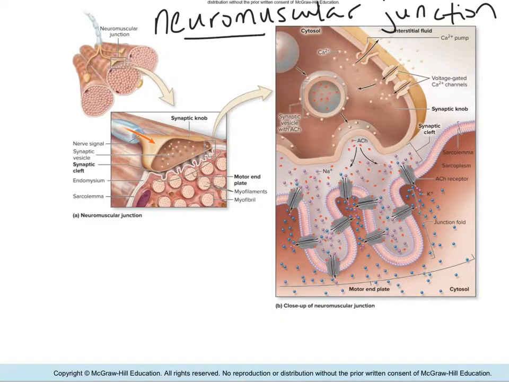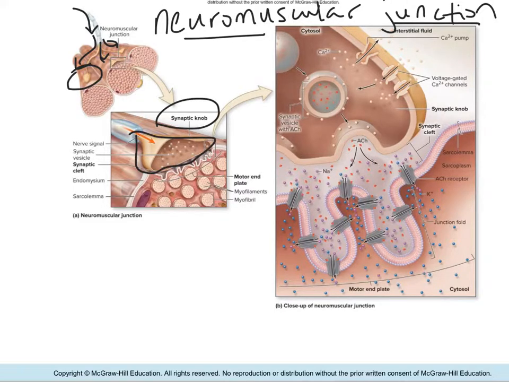Looking at the neuromuscular junction, you have the axon of the somatic motor neuron coming in as part of your motor unit. This is going to branch, and when it branches, there's this enlargement. The enlargement is the synaptic knob. So you can see this enlarged area here.